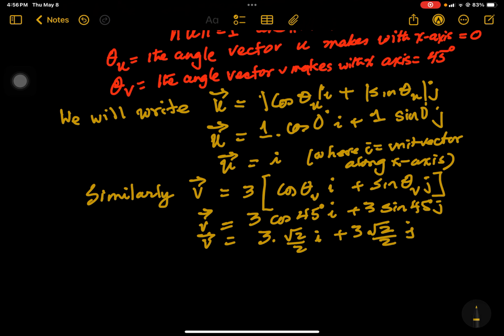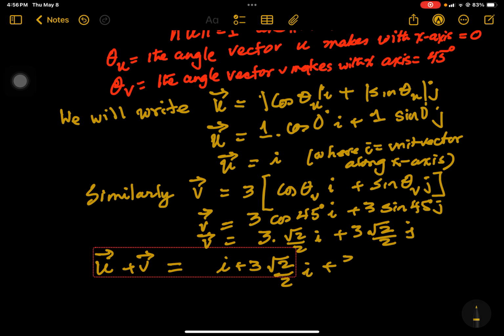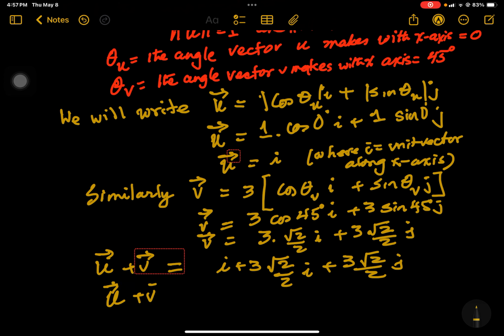So vector u plus vector v becomes equal to i, since vector u is just i, plus 3 square root of 2 by 2 i from vector v, plus 3 square root of 2 by 2 j.